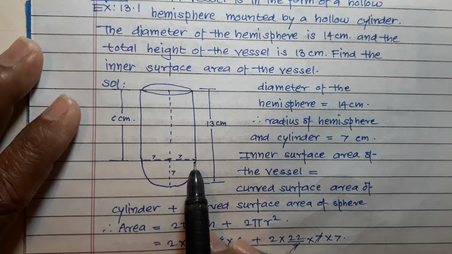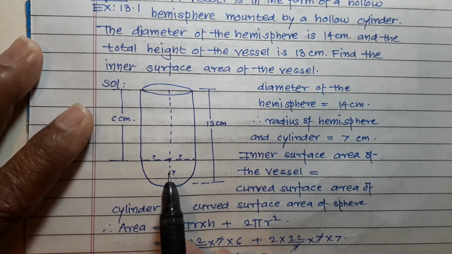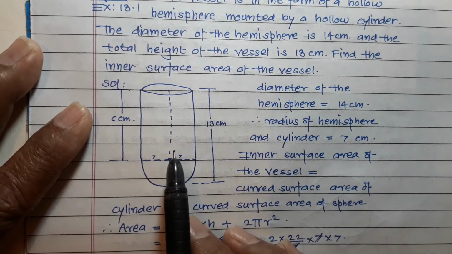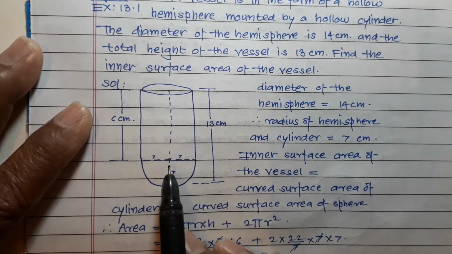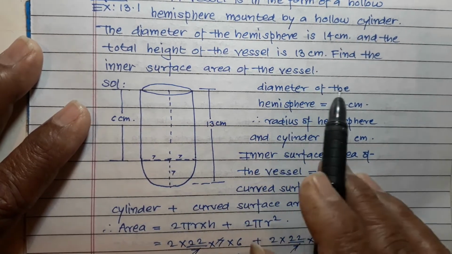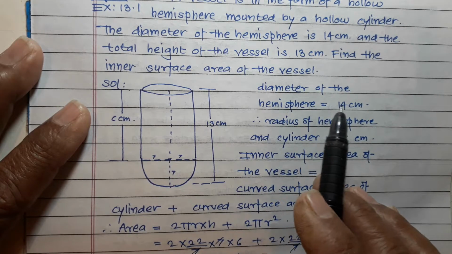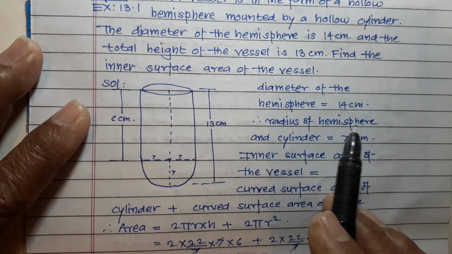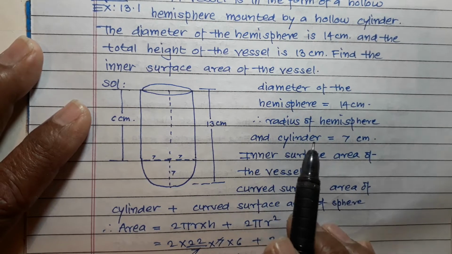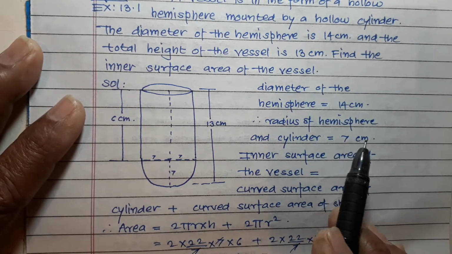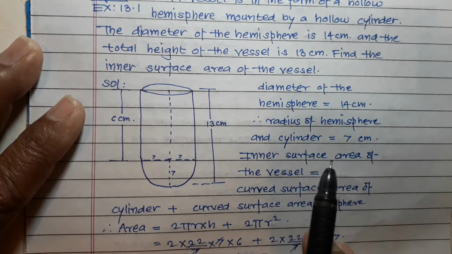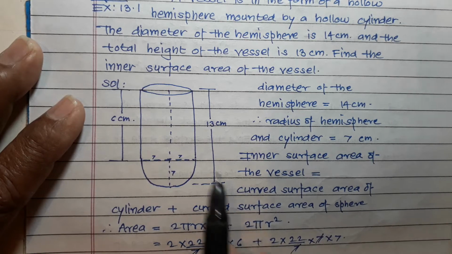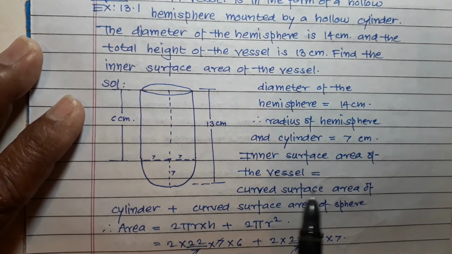The base is the shape of a hemisphere and the above part is a hollow cylinder. So the diameter of the hemisphere is equal to 14 centimeter and therefore the radius of the hemisphere and cylinder is equal to 7 centimeter.